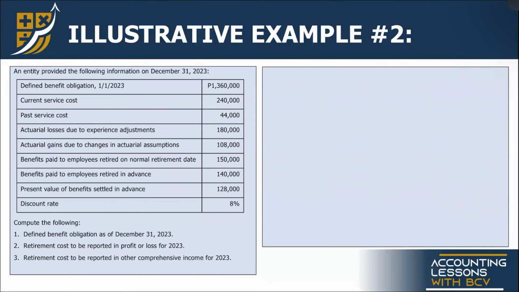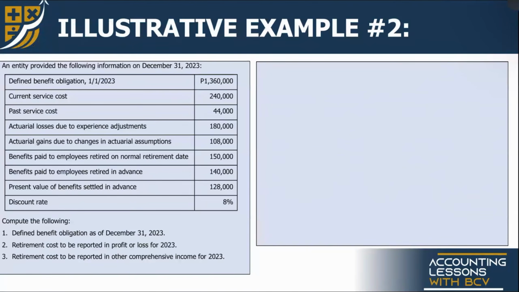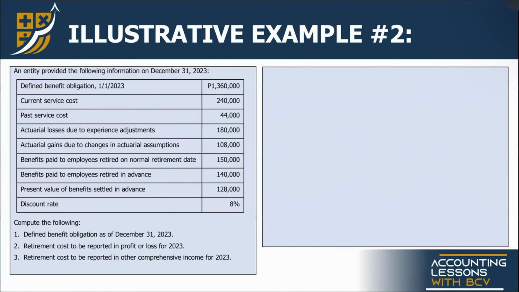Okay. So, for this one, guys, let's just find out, among the amounts reported for DBO, which will go to P&L and which will go to OCI. So, let's put here the retirement cost to be reported in P&L for 2023.